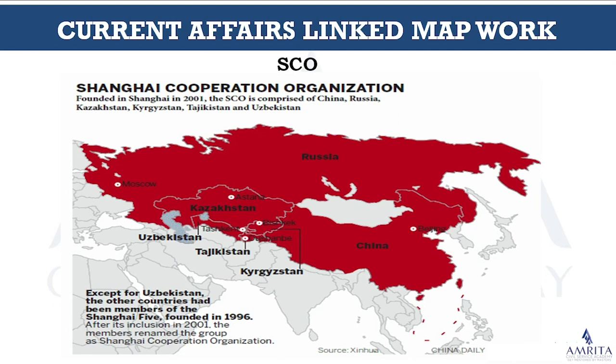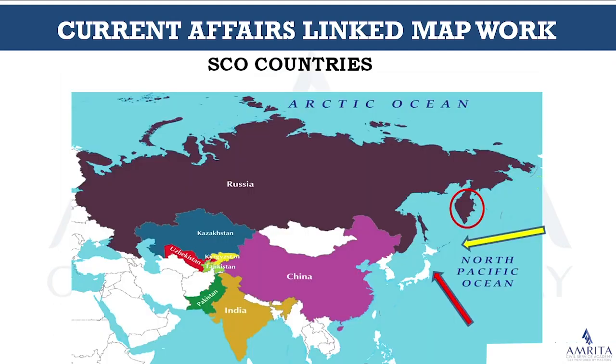Before that, in 1996, it was known as Shanghai 5. Except Uzbekistan, the other countries had been the members of this Shanghai 5, and it was renamed after that. This is the latest report related to SCO countries. Apart from the other countries, they included India and Pakistan as members of SCO.